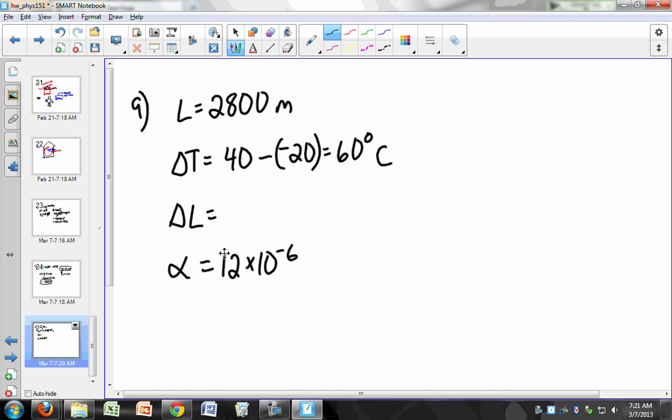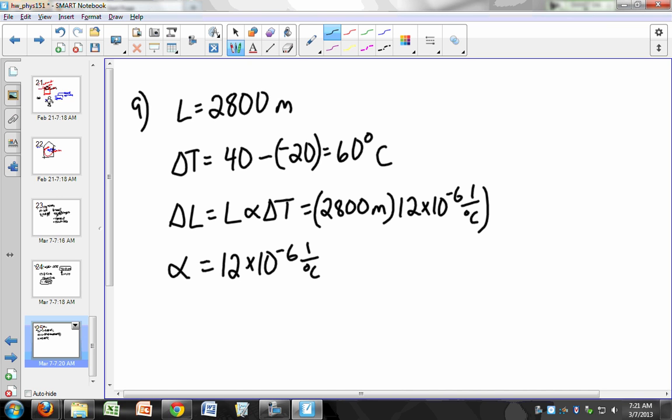And then I can find delta L as L alpha delta T. That's on your equation sheet. This is 1 over degrees Celsius. So I'm just plugging in numbers now. 2,800 meters times 12 times 10 to the minus 6, 1 over degrees Celsius, times 60 degrees Celsius.